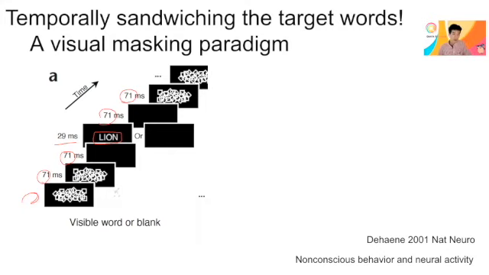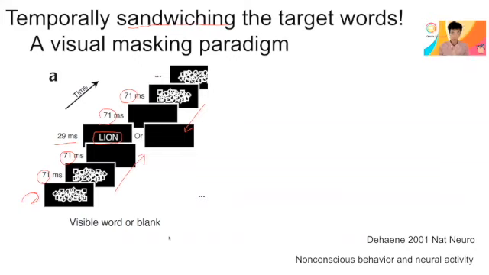This is called sandwich masking because it masks forward in time and also backward in time. The demo I showed was backward masking only, but this one used both forward and backward masking. So it's quite a strong type of masking.